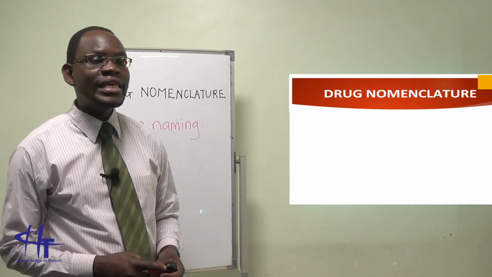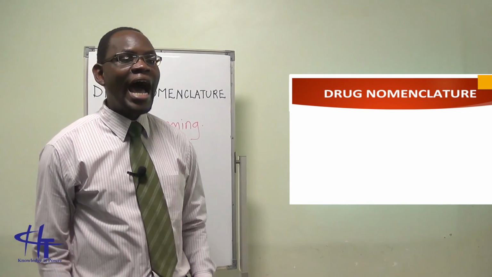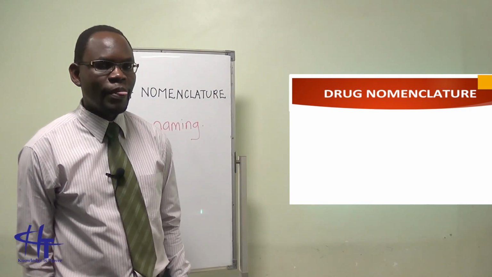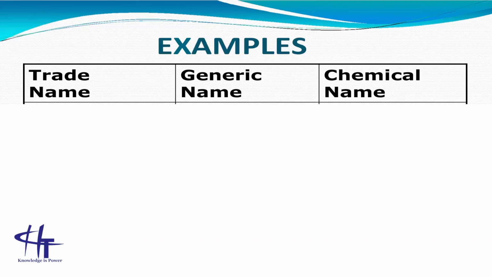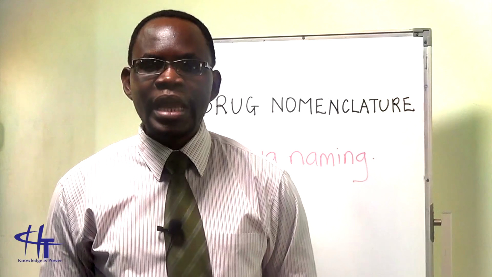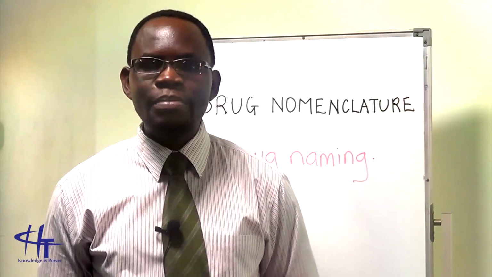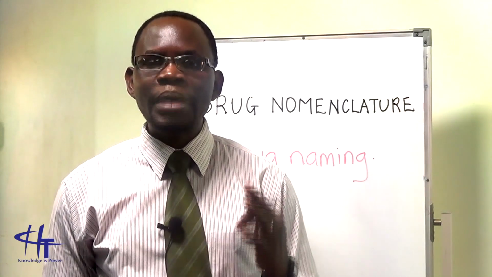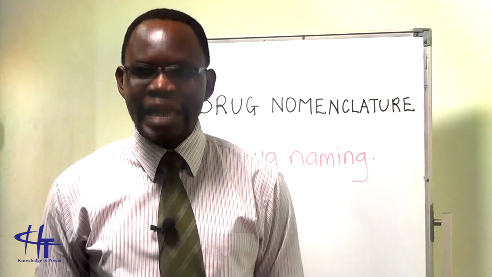We are going to see that a drug has basically three names. It has what we call the generic name, it has what we call the brand name, and it has what we refer to as the chemical name. Now, all these can be said by other names, but essentially they are basically three names.